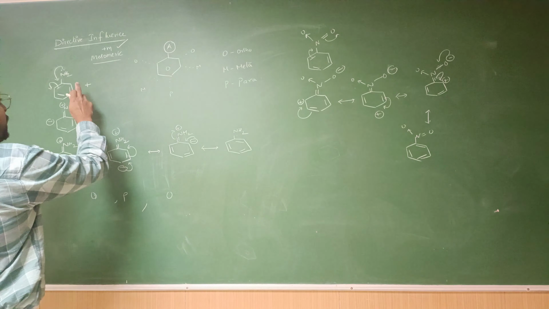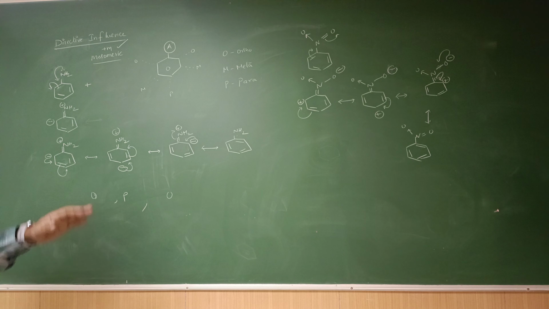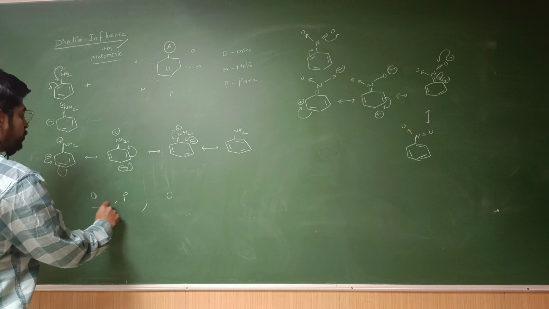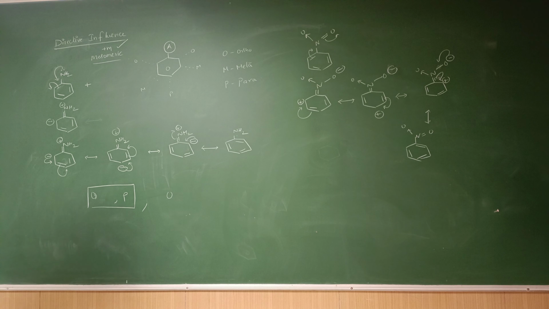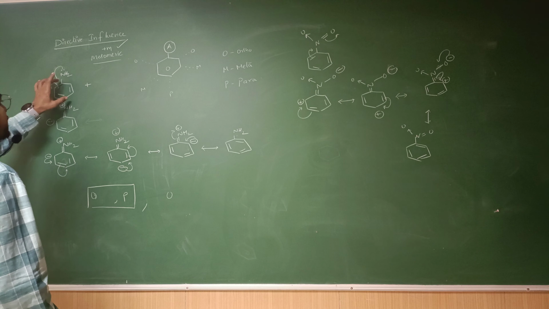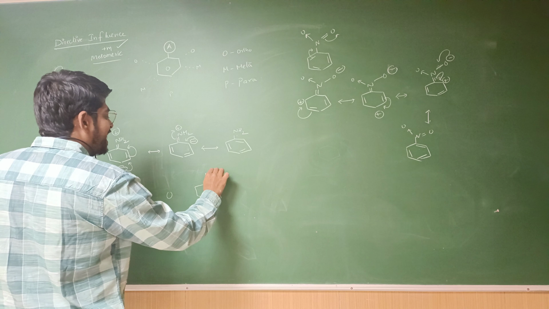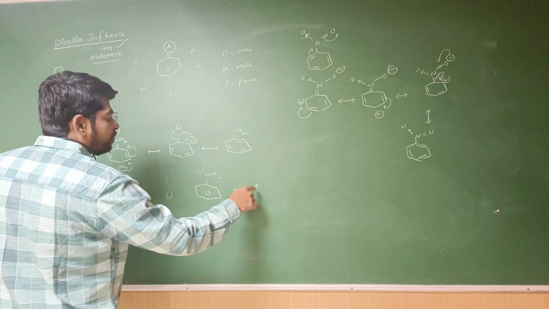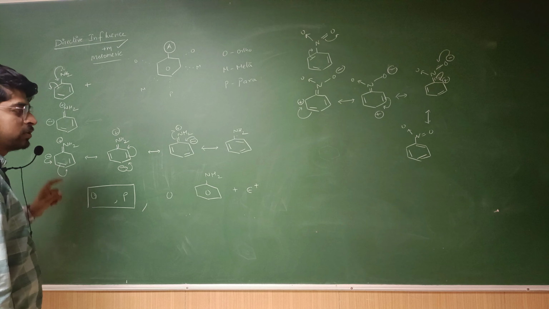So a plus M group, or a ring activating group by mesomeric effect, will always produce negative charge at ortho and para only. So now on this NH2, if I add an electrophile, it is looking for negative charge. The negative charge is at only this position or this position.